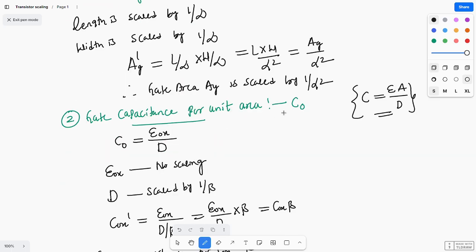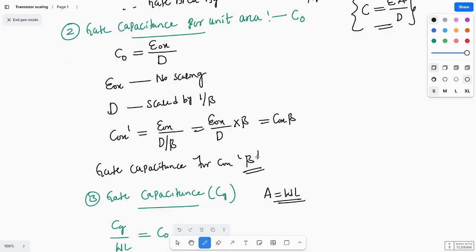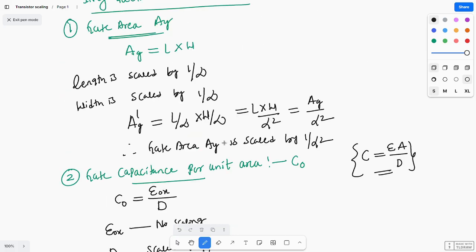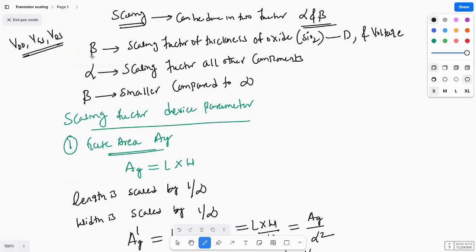So gate capacitance per unit area is scaled by what? Beta. Gate capacitance per unit area is scaled by beta, and VGS, we have already seen that beta is the scaling factor for the thickness of the oxide D and other voltages. So that means this is scaled by 1 by beta. And alpha is the scaling factor for other components.